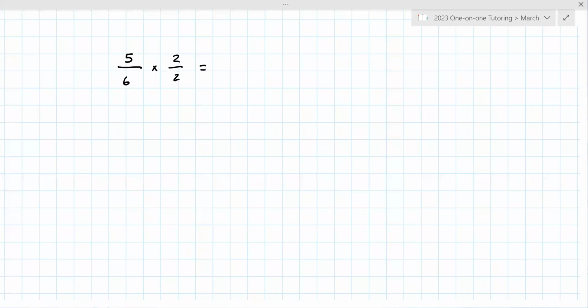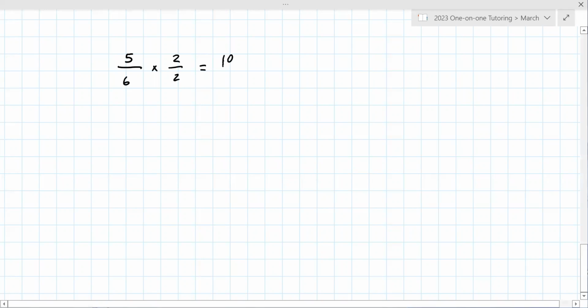Okay, so 10/12. And then does this reduce? Can we reduce this fraction? Yes, we can reduce. We can divide it by 2 and divide it by 2. And that becomes 5/6. Is that okay? Yes.